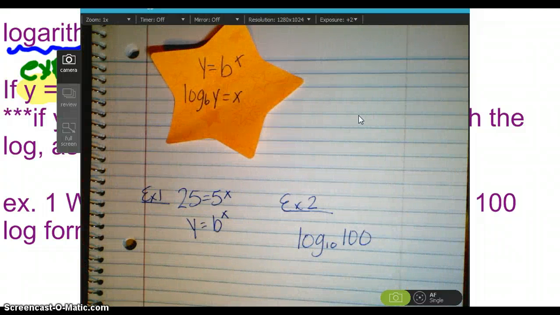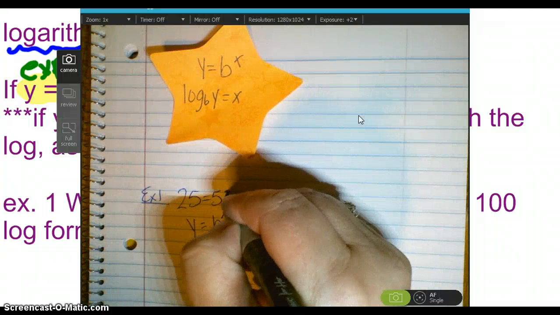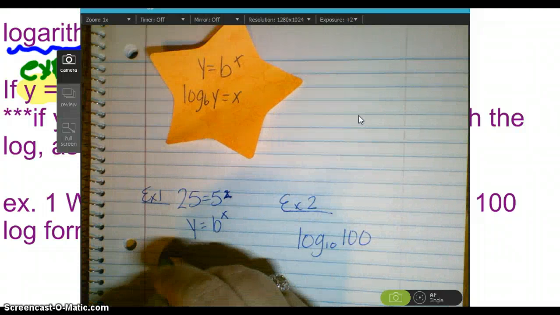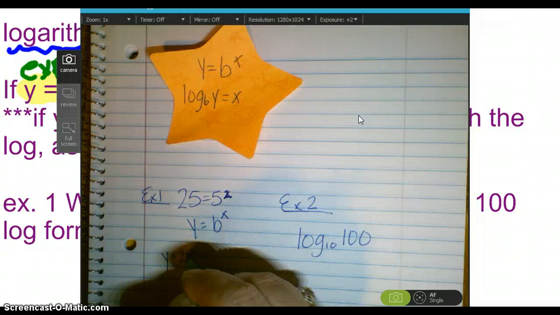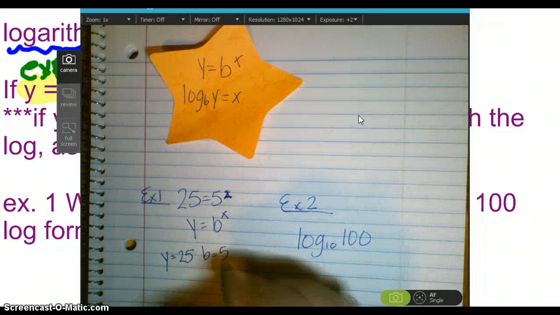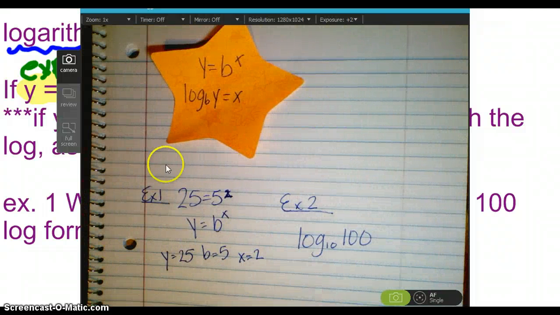Oops, that's supposed to be a 2 right there, my bad. So if I look at this, y is worth 25, b is worth 5, and x is worth 2.